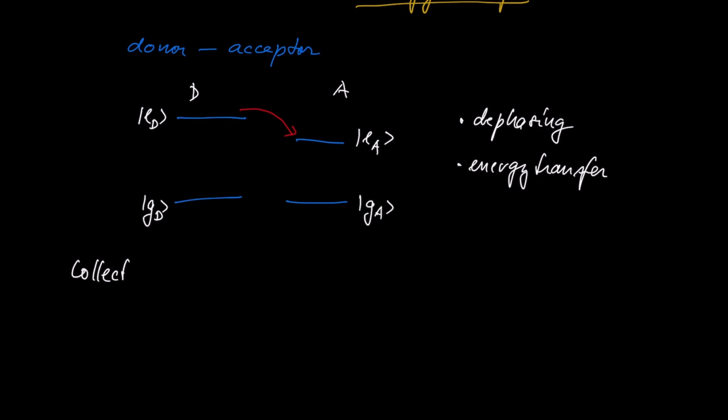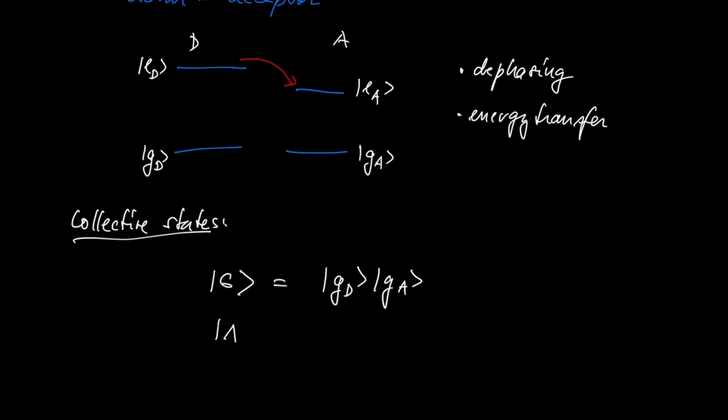So collective states of this system will be a collective ground state. Collective ground state means that both molecules are in the ground state. We also assume that there is a state A, which is the situation in which the molecule D, the donor, is in the ground state and the acceptor is in the excited state.